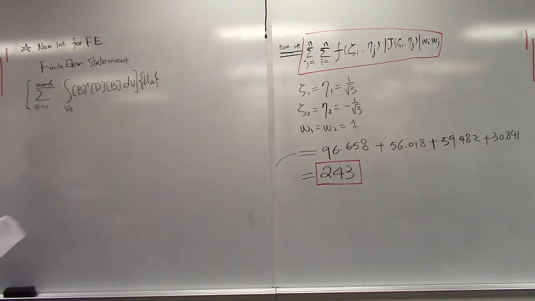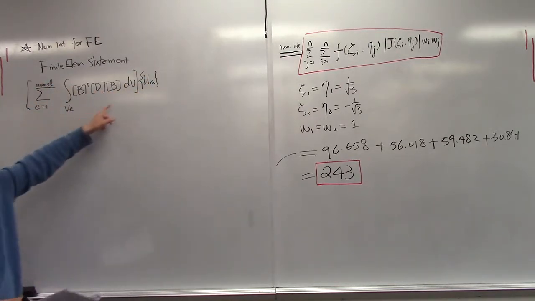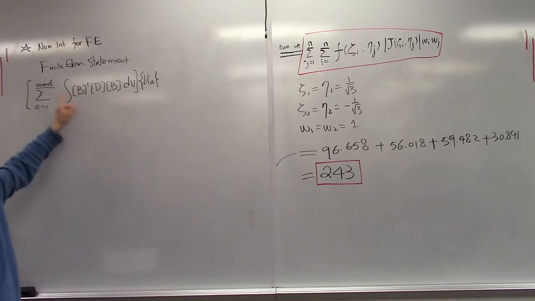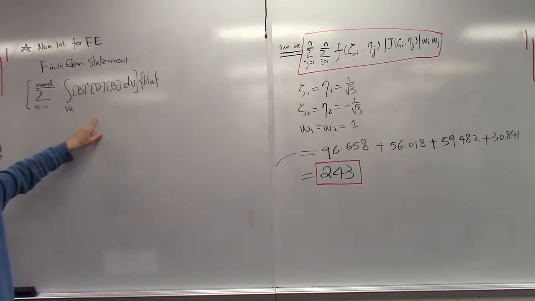When you add them together, it gives us the global stiffness matrix.